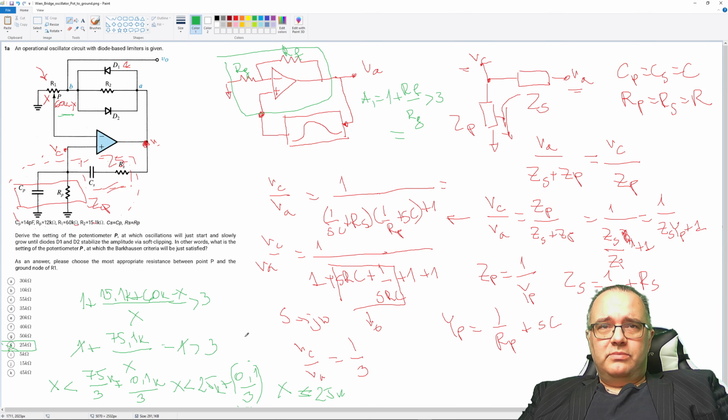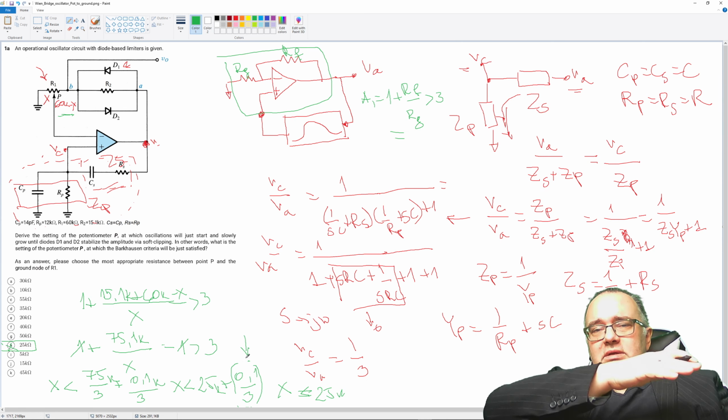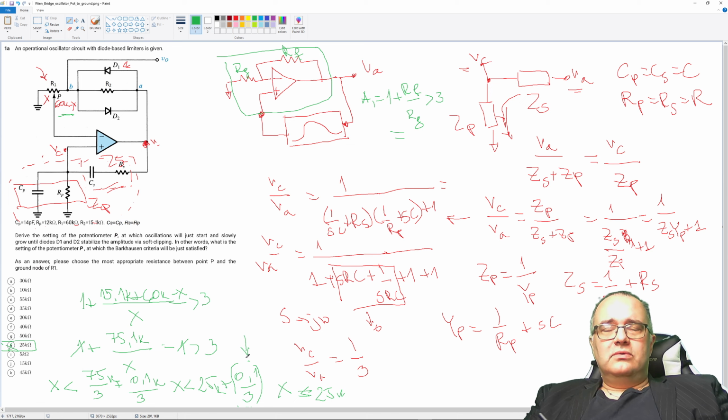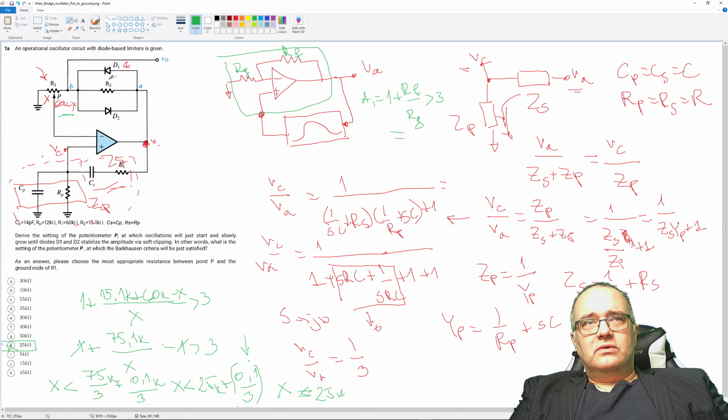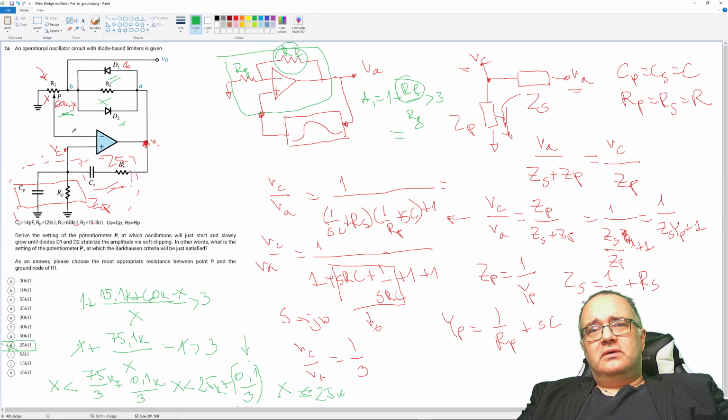So this is this portion, so that the oscillation starts exponentially growing. And when the oscillation amplitude becomes too big, these diodes will turn on, will short a portion of the RF resistor, so this portion will be shorted, so only this will remain. The gain will drop, and this is how the diodes will stabilize the amplitude of oscillation.